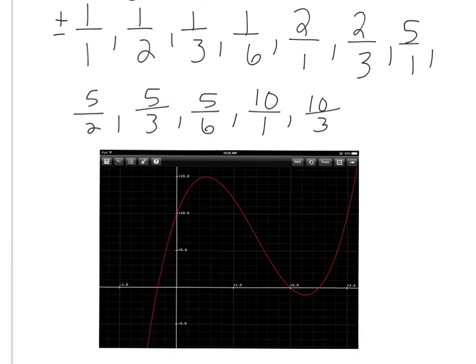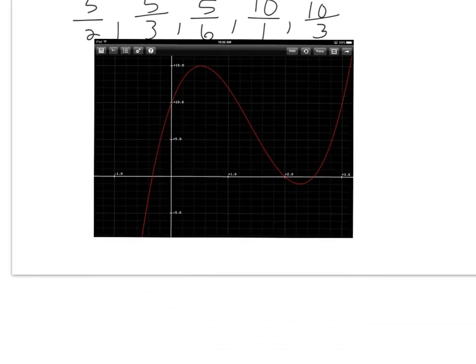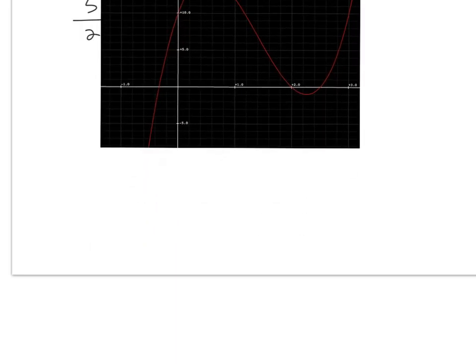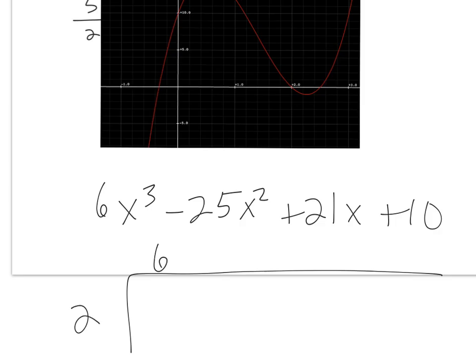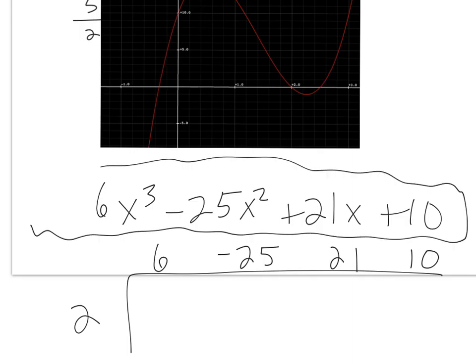Because if I test 2 in the original function, let's write the original function out. What's going to happen if I run a 2 through here? Again, my original function, I'll put a line underneath. There's your original function right here.